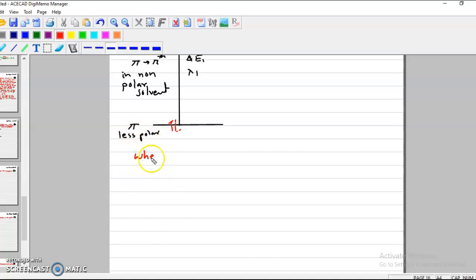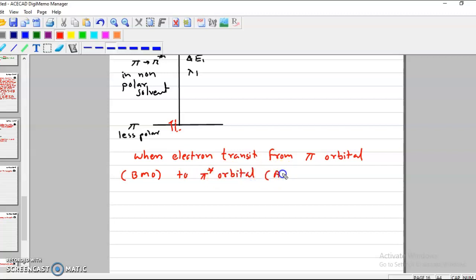When the electron transits from the pi orbital, that is the BMO orbital, to the pi star orbital, which is the ABMO, we are increasing the number of electrons in the ABMO. So the number of electrons in ABMO increased.